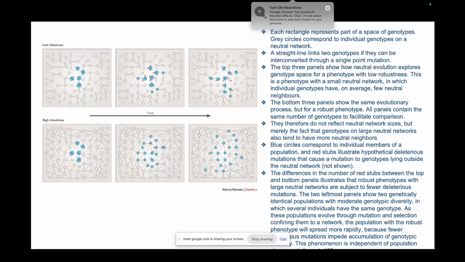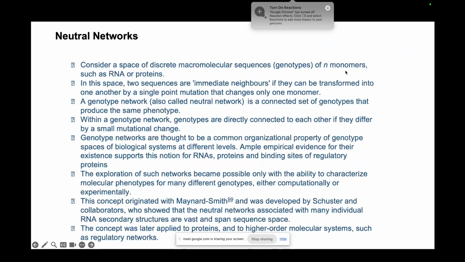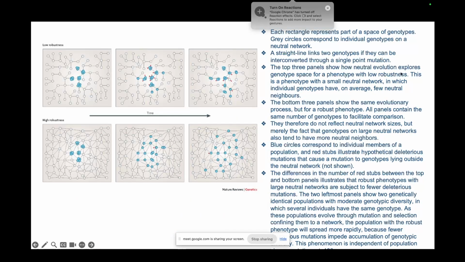The top three panels show how neutral evolution explores genotype space for a phenotype with low robustness. The phenotype has a small neutral network in which the individual genotypes have, on average, few neutral neighbors. So basically, how does this evolution occur?